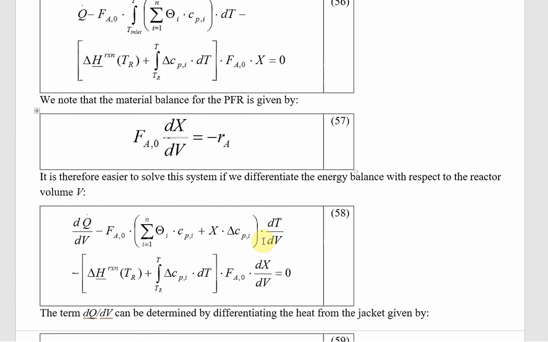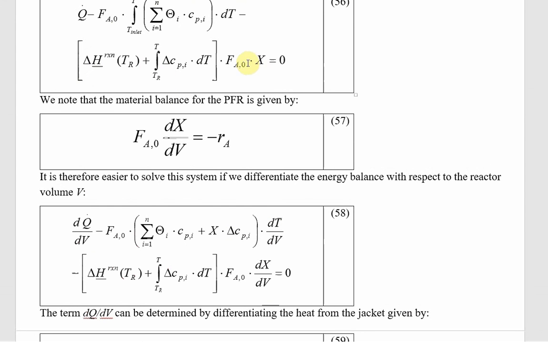So we've got a dX dV here, and then when we differentiate this term on the inside, we get that additional term that we group in here. So maybe I should say that a bit differently. When we differentiate this first term here, we get this first part of the equation, right? Theta Cpi times dT dV.